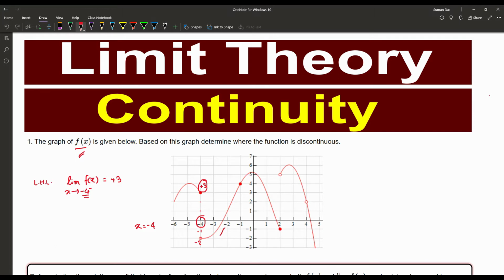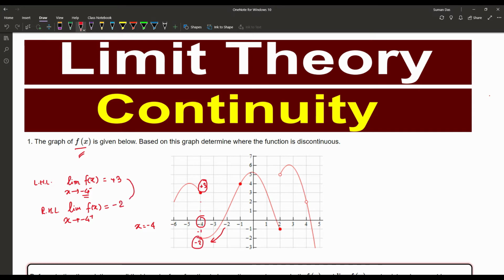Now if we look at the right hand limit, the limit as x approaches minus 4 plus of f(x), it gives us the result minus 2.